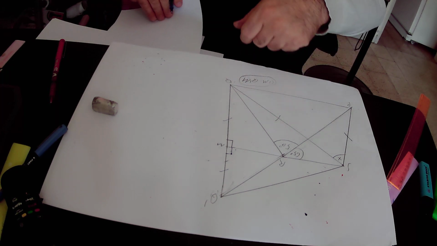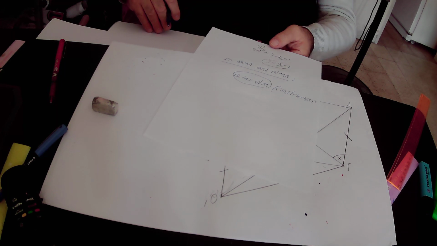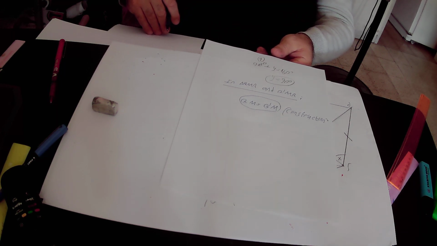Again, in those two right triangles, we know that QM equals QDSM.